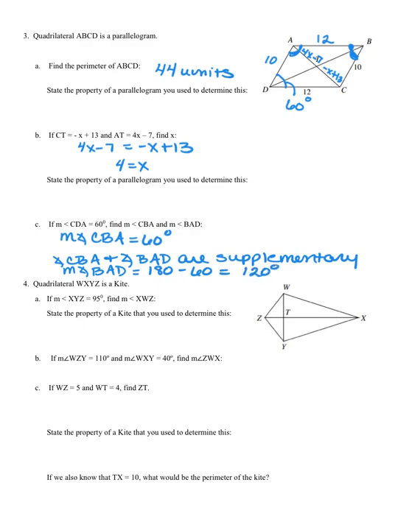In problem number 4, part A, we're told that the measure of angle XYZ is 95 degrees, and we're asked to find the measure of angle XWZ. Well, we have another property of kites that says the opposite angles on the short diagonal are going to be congruent to each other.